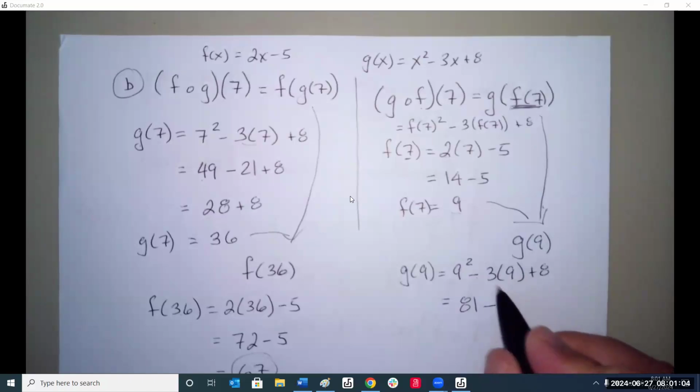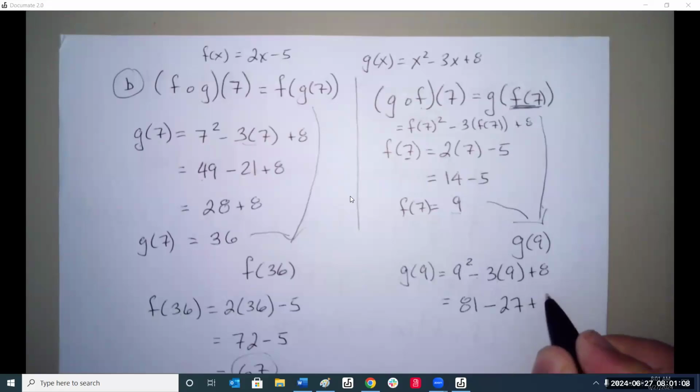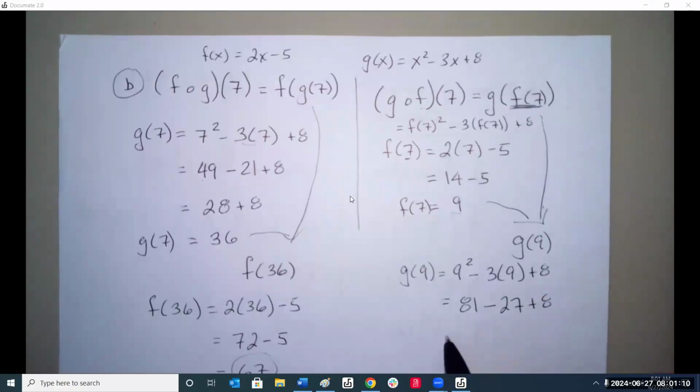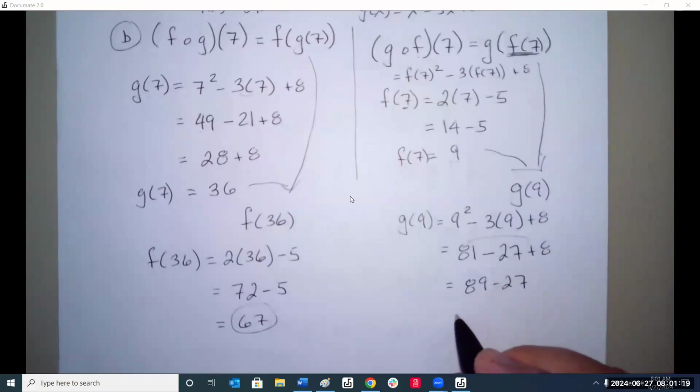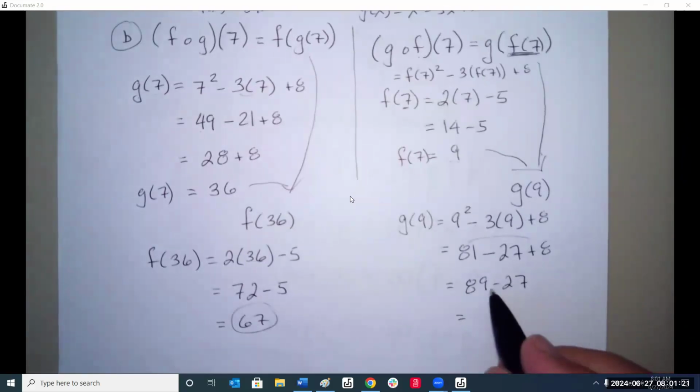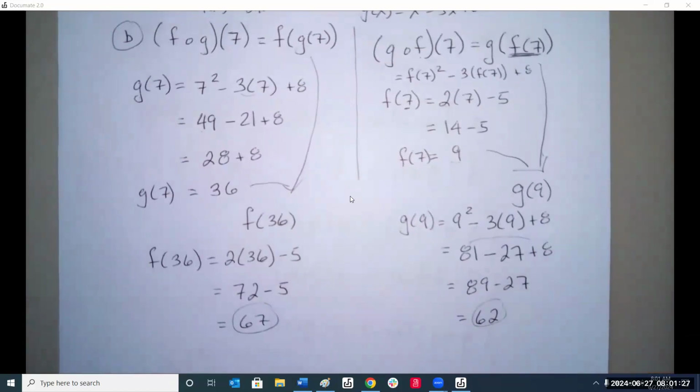Negative times positive is negative. 9 times 3 is 27 plus 8. 81 plus 8 is 89, minus 27. That gives us 62 as an answer.